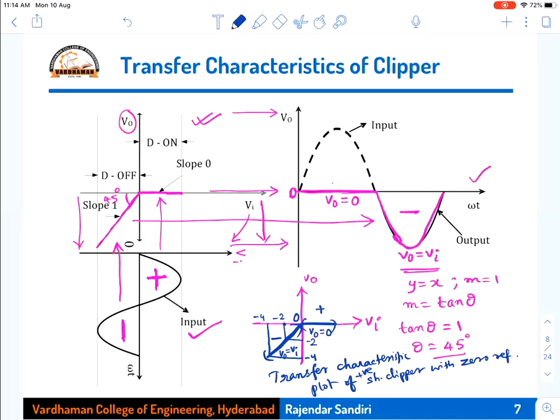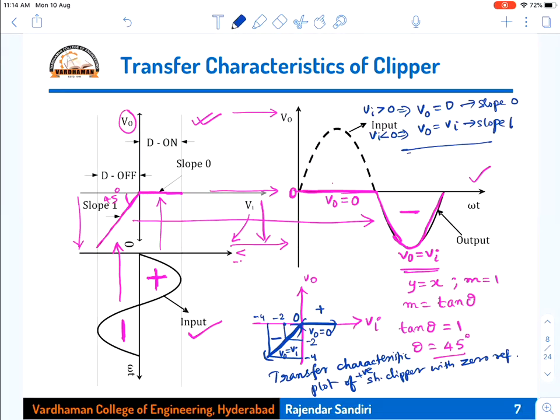I hope you understood how to plot the transfer characteristics and how the transfer characteristic equations are written. The transfer characteristic equations are V naught equal to 0 for Vi greater than 0, and V naught equal to Vi for Vi less than 0. One has slope 0, the other has slope 1.